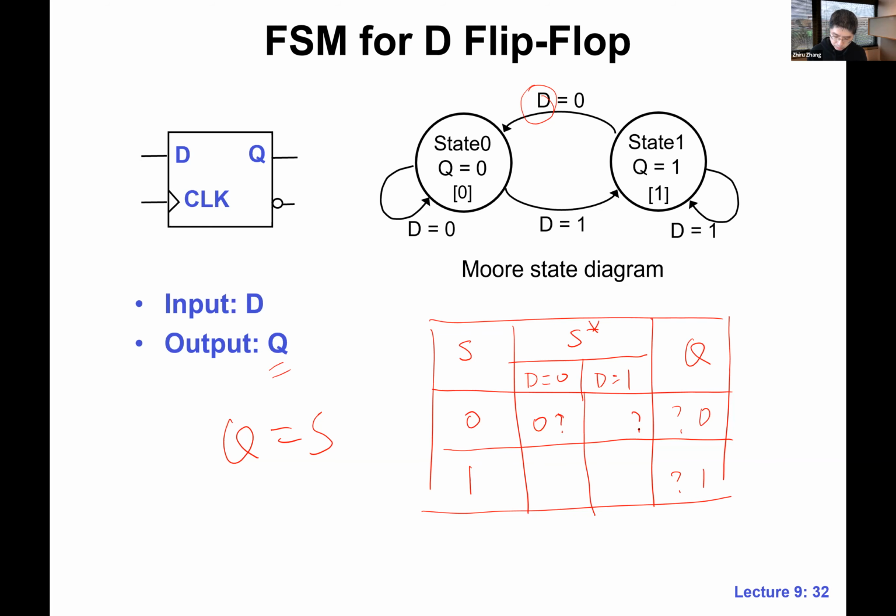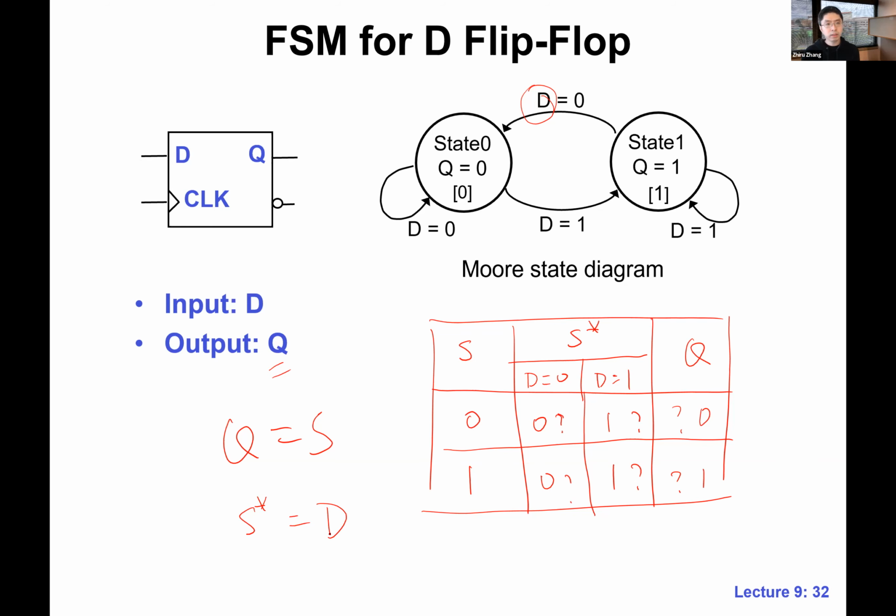This one, 1. This one, 0. This one, just look at the transition, 1. So what is S star in terms of S and D? Just D.